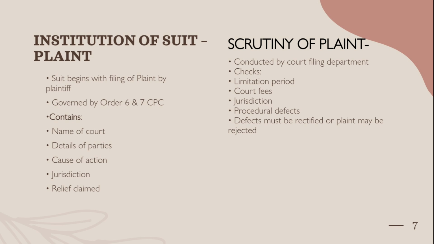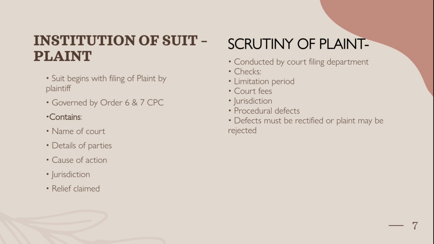Now, moving to the next stage. After the filing of the plaint, the next stage is scrutiny of the plaint. After filing, the plaint is examined by the court to check the limitation, that is, whether the plaint is within the Limitation Act or not.